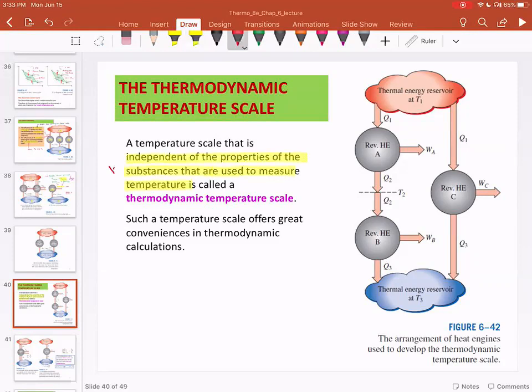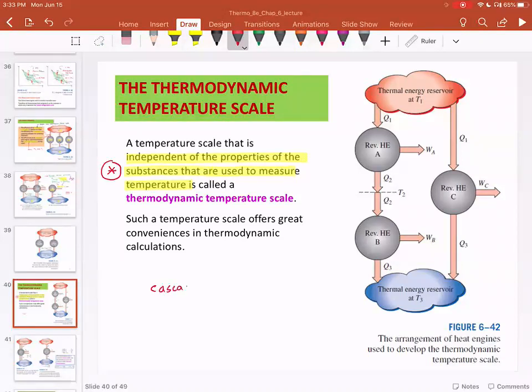This temperature scale is called the thermodynamic temperature scale. And how do we establish the thermodynamic temperature scale? The thermodynamic temperature scale is established by cascading heat engines.